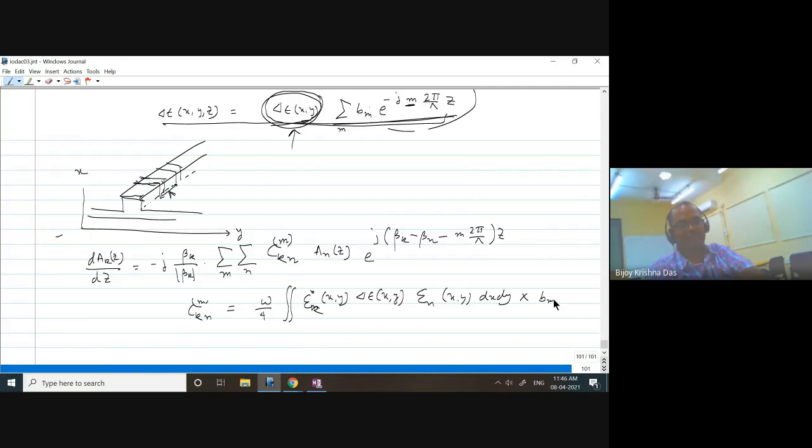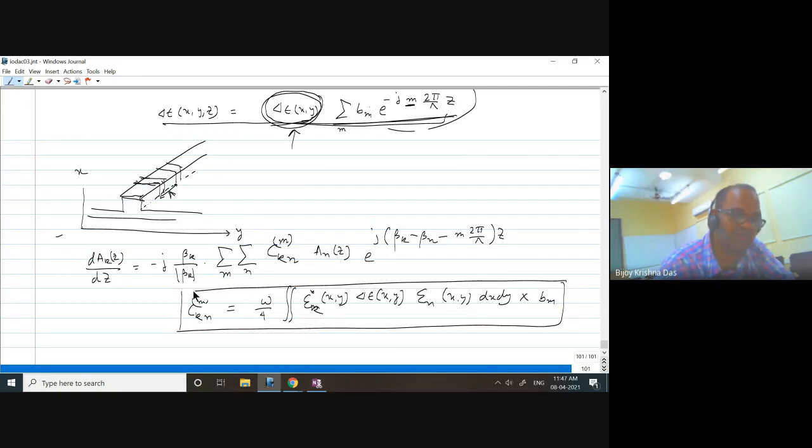So that means the coupling coefficient between k and n because of the mth harmonic of the periodic perturbation. So ckn m will be represented by this one. This is a special case of perturbation.